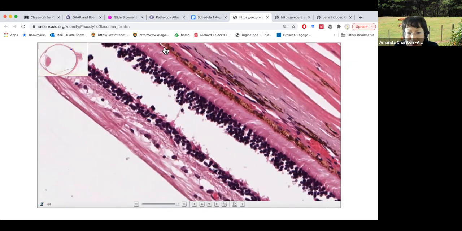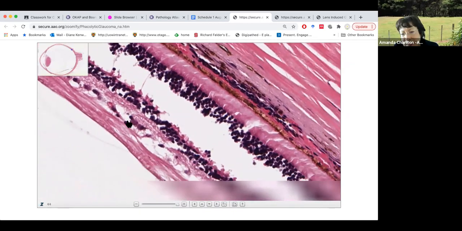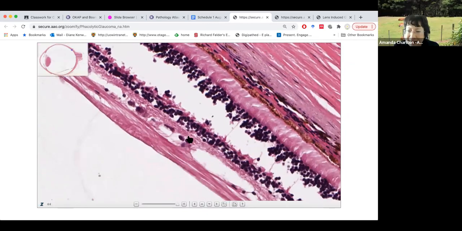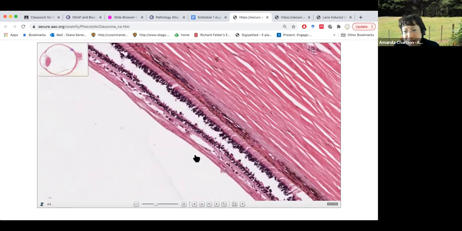The reason for the squashing, we don't know. The outer cells are reduced in this part, and we know the outer part goes first in glaucoma. So we've got glaucoma where there's peripheral loss, and the central area is relatively preserved.